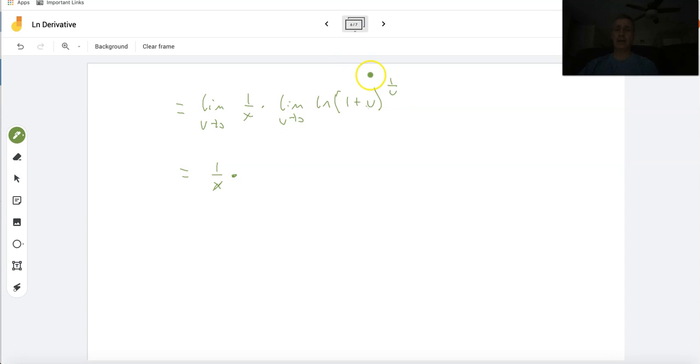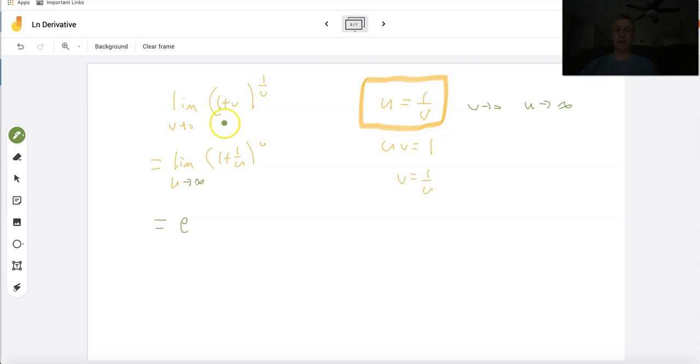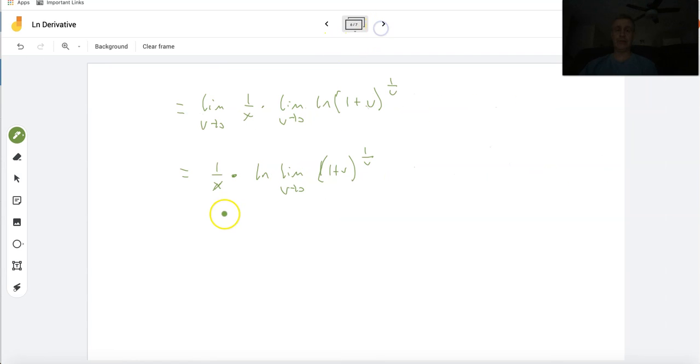And then this whole thing here, we can pull the natural log out in front. And we have the limit of this expression here. But as I showed you over here, this limit ends up just equaling e.